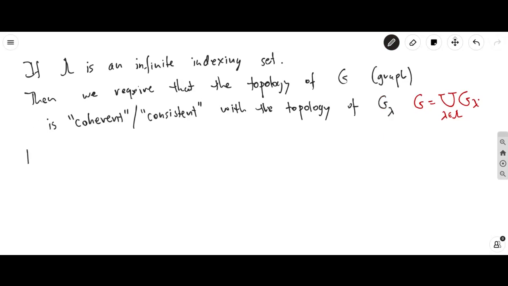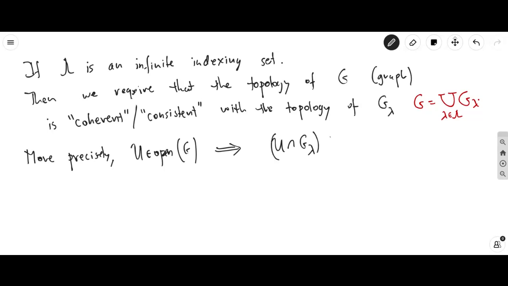More precisely, we would say that U is open in G. A topology consists of open sets, so we have to say what the open sets are. If something is an open set in G, then it's certainly the case that if you intersect it with G lambda, that's going to be an open set in G lambda, because that's the way it always works.